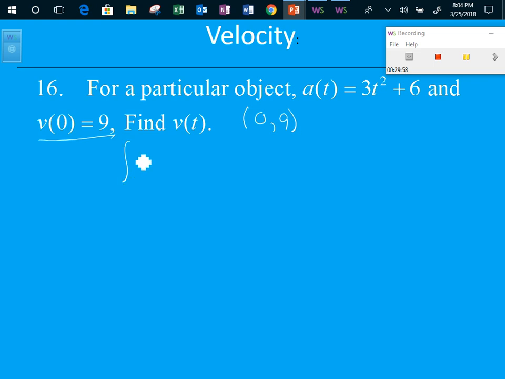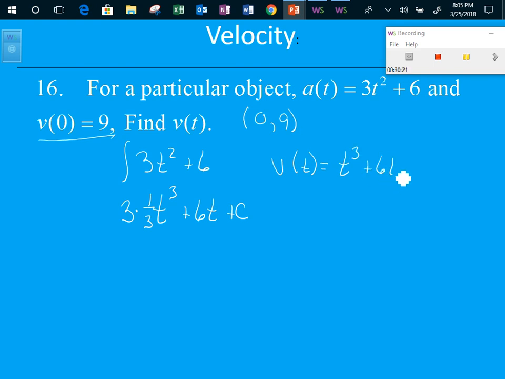I need to find the antiderivative of 3t squared plus 6. Add 1 to your power. Multiply by the reciprocal and that 3 out there, plus 6t plus c. So here's where I am for a second. My velocity function is t cubed plus 6t plus c.